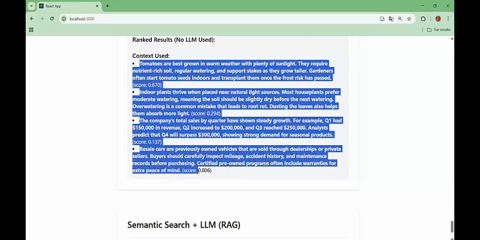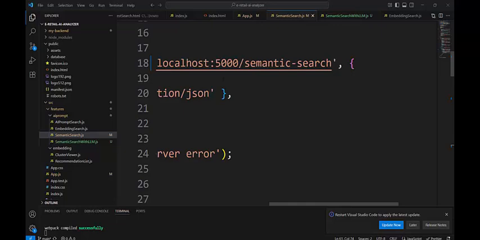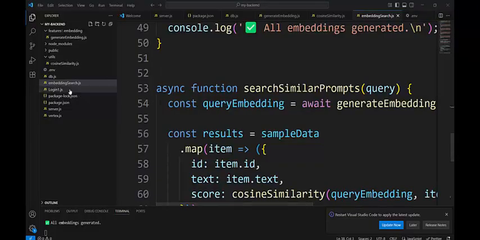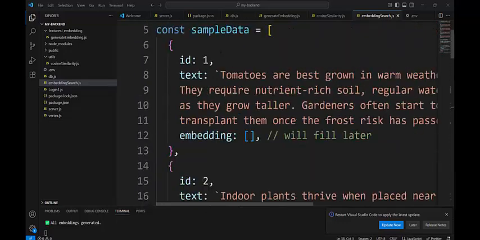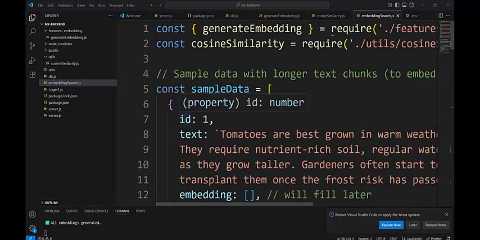Here is only the ranked list. Let's see what we have in the endpoint now. The front end calls this endpoint on the server, semantic search. In this file, embedding search, we have data. My data is in RAM, in memory.